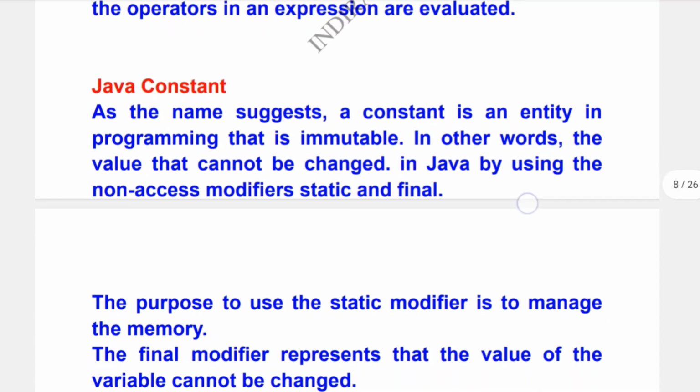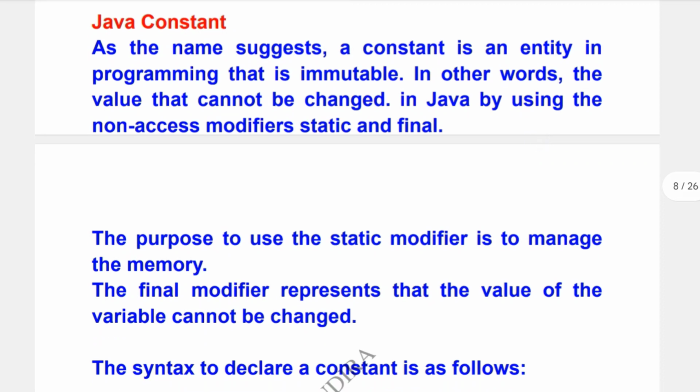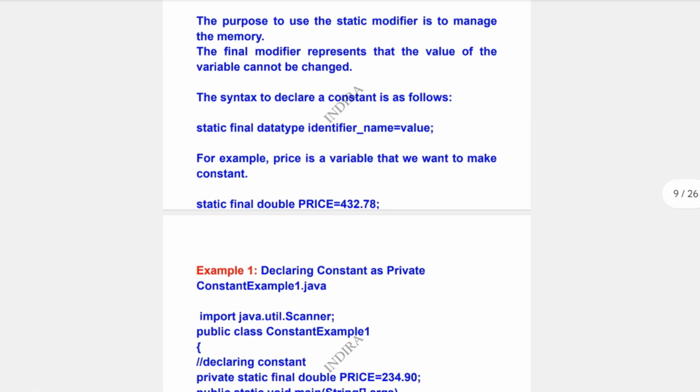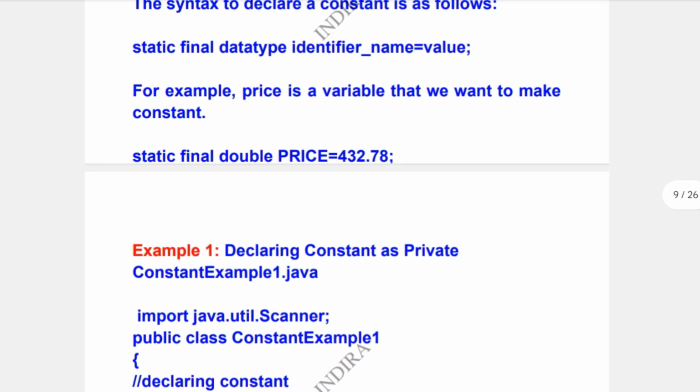All this paragraph is not needed; if you are willing to study, you can, but these 3 points are very important. The syntax, an example and the output for that example are also important.